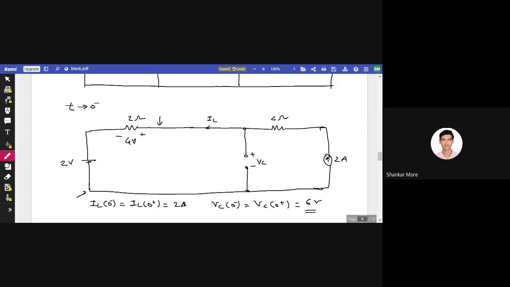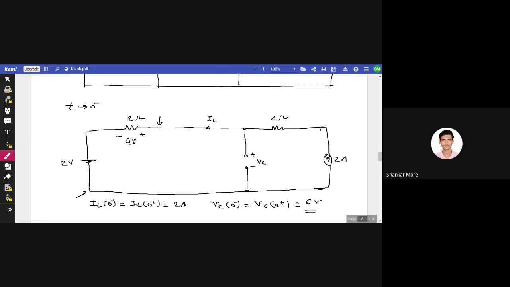Now some of you might say, sir, on the right side there is a 2 ampere current source, and in series with it there is a 4 ohm resistance, and that 2 ampere current is flowing through that 4 ohm resistance, and it shows minus 8 volt as the voltage across this VC. But is that minus 8 volt really?